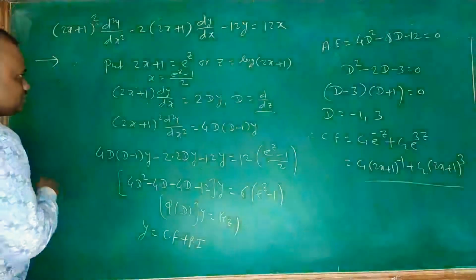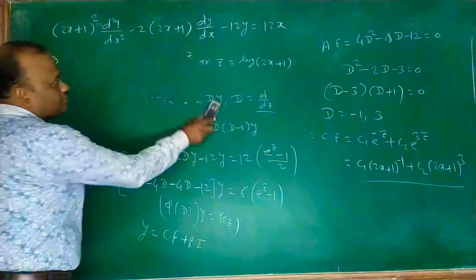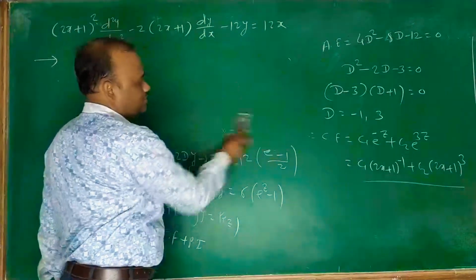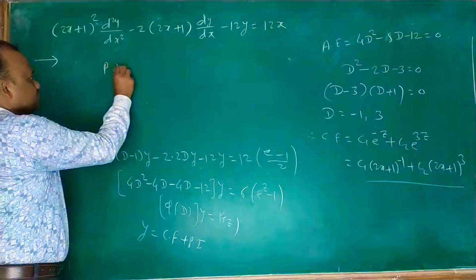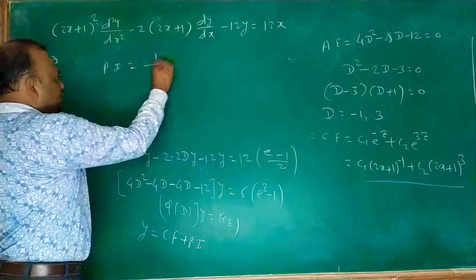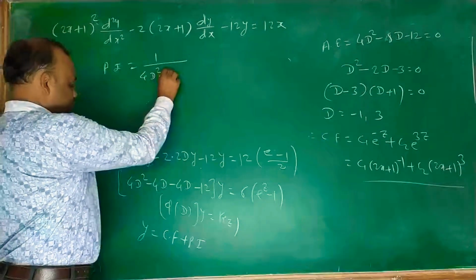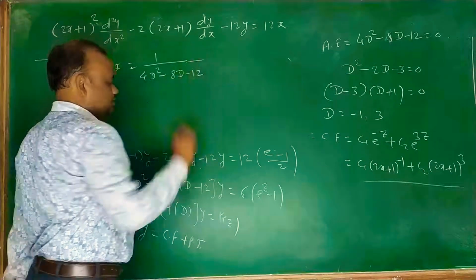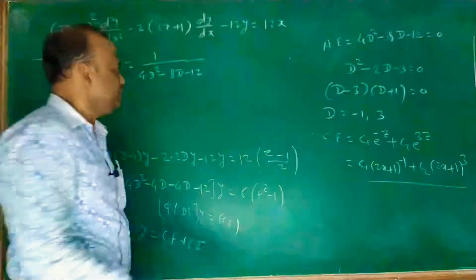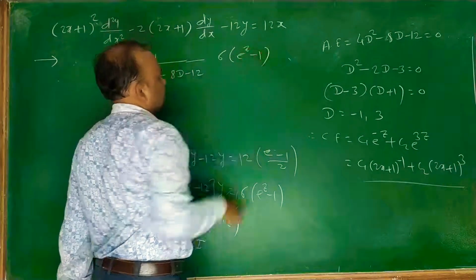Now for the complete solution again we want the particular integral. So how do we find the particular integral? We know the formula: particular integral is equal to 1 upon phi of D into f of z, and phi of D here is 4D square minus 8D minus 12. Here f of z is 6 into (e to the power z minus 1).